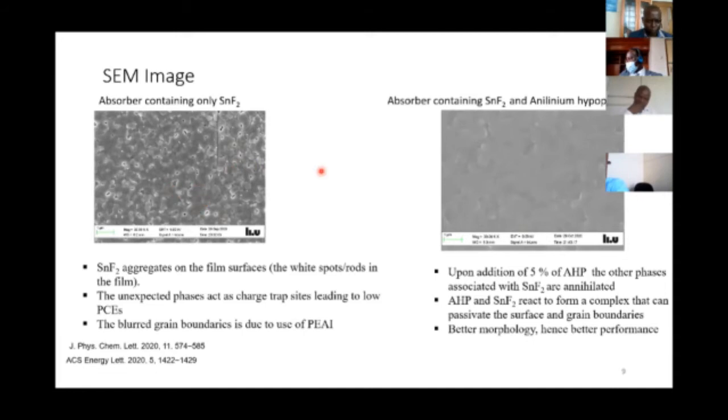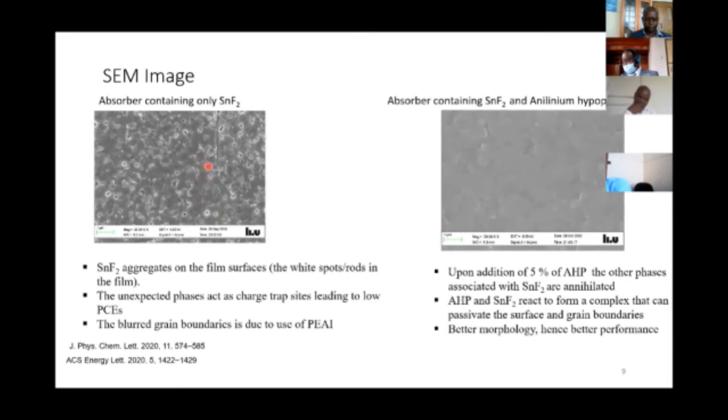Then another thing here is that using just this tin fluoride, you can see these white spots. These white spots are just like what I showed you earlier. And these are just some aggregates, or other phases forming on the film surfaces.